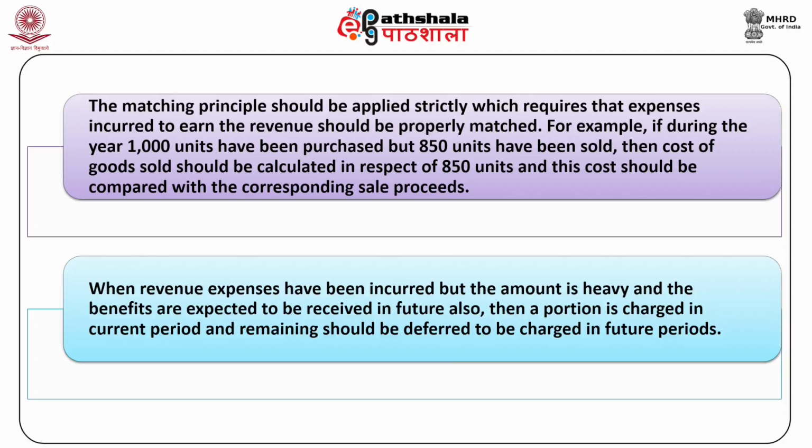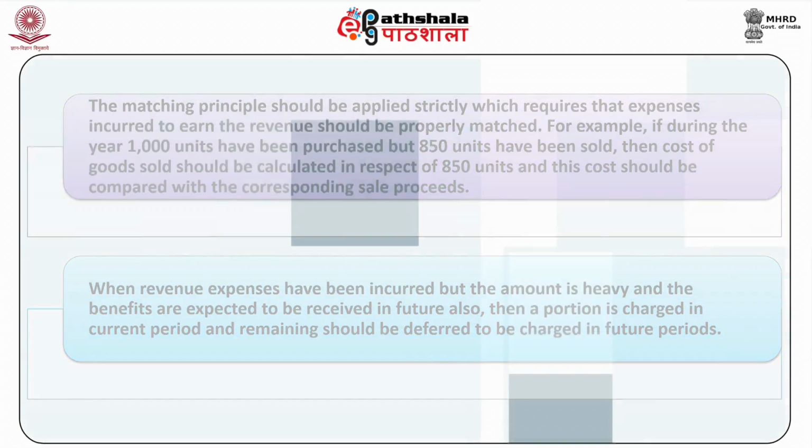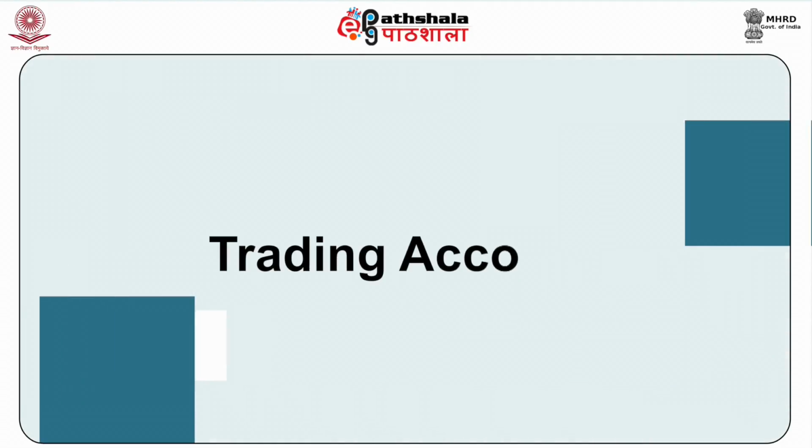When revenue expenses have been incurred but the amount is heavy and the benefits are expected to be received in future also, then a portion is charged in the current period and the remaining should be deferred to be charged in future periods.